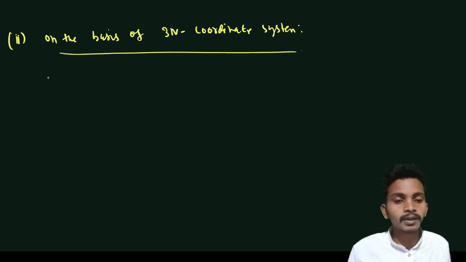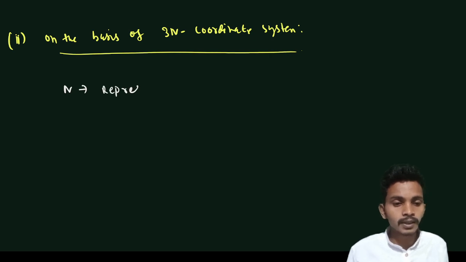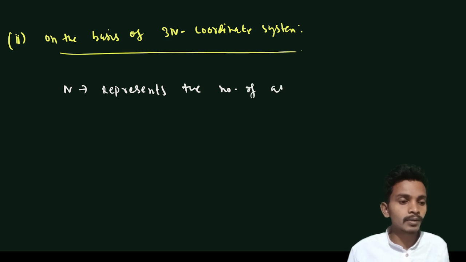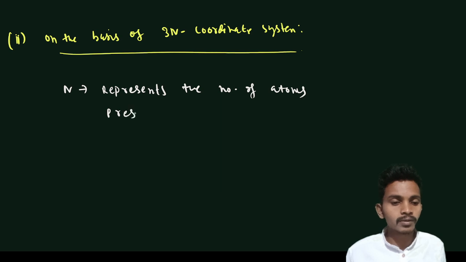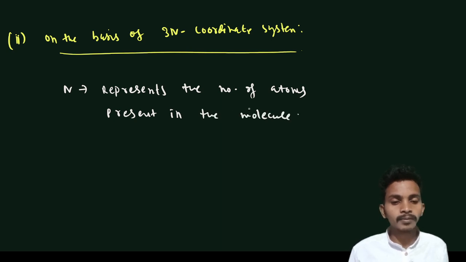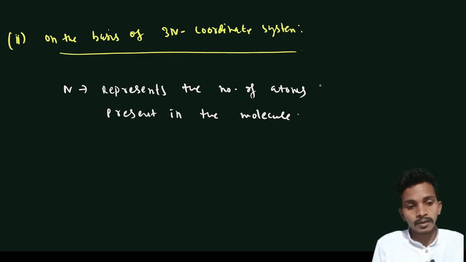Here, n represents the number of atoms present in the molecule. The number of atoms present in the molecule.